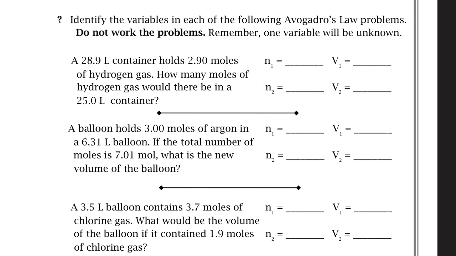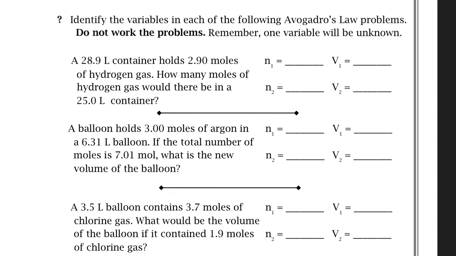Pressure. Right next to pressure, we've got all the standard pressure units. We've got something called joules, which we haven't dealt with. Temperature is right down below that, Kelvin or degrees Celsius. So if you blank out and you're like, oh, I don't know what this symbol means, it's right here on your reference table. You just need to look at it and find it. So to answer the question, N stands for moles.